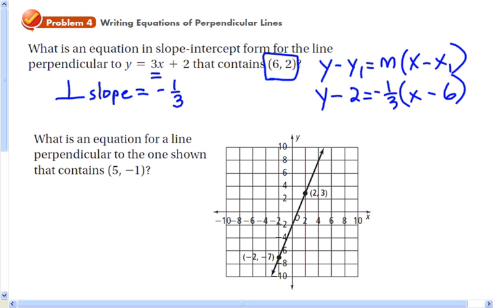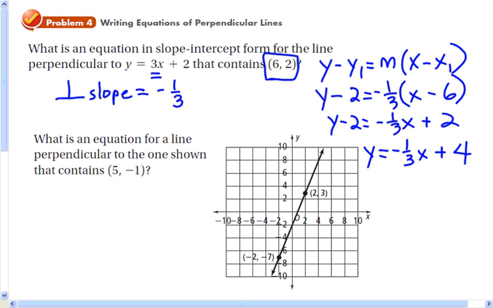And I need it in slope-intercept form, so I need to simplify that. y minus 2 is equal to negative 1/3 x plus 2 by using the distributive property. Adding 2 to both sides gives me y equals negative 1/3 x plus 4. And that should be the equation of the line that's perpendicular.